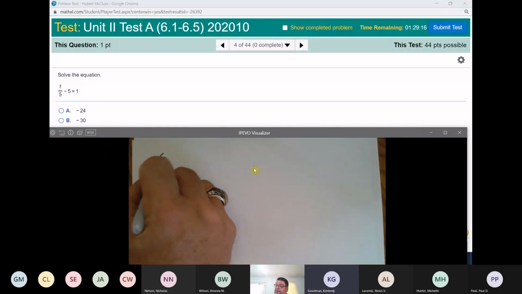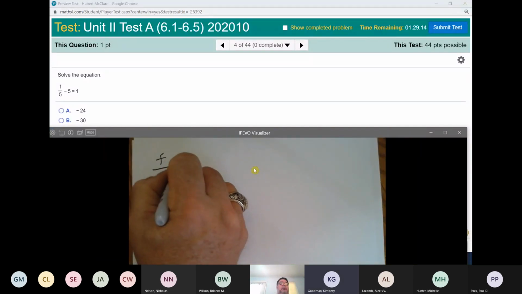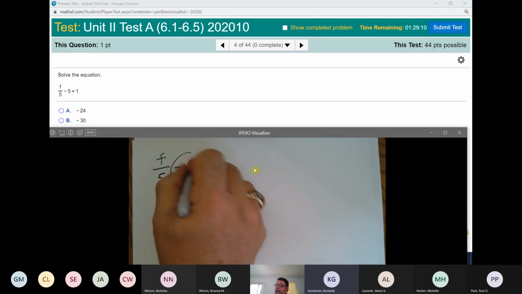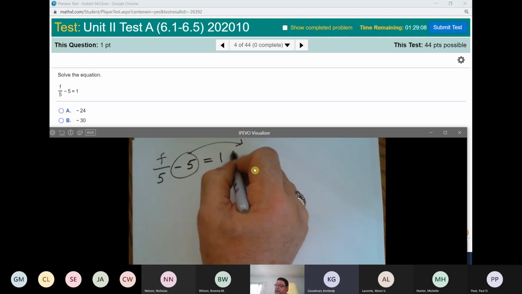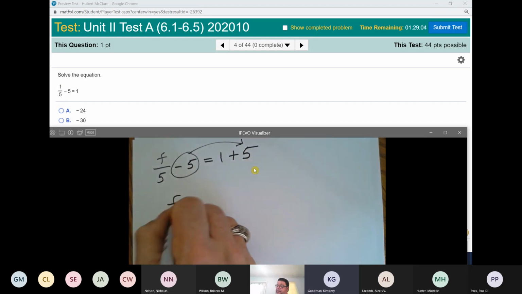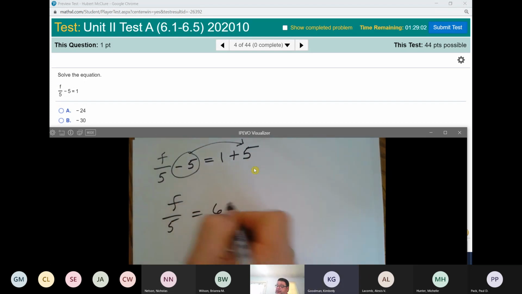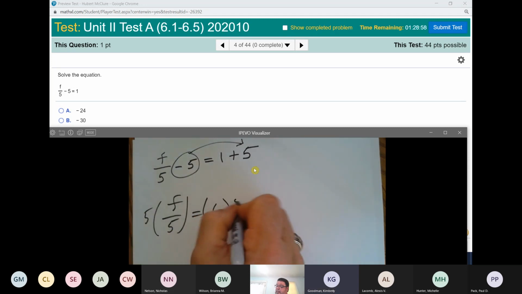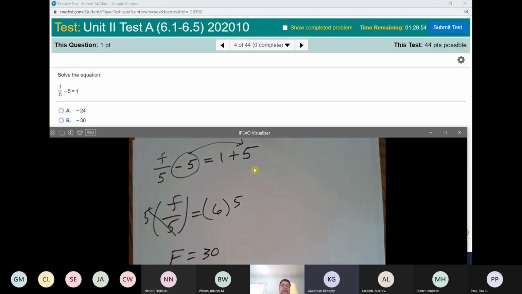F over 5 minus 5 is equal to 1. Bring the 5 over. That becomes positive 5. 1 plus 5 is 6. F over 5 is equal to 6. Multiply by 5. F is equal to 30. That's out of 6.2.